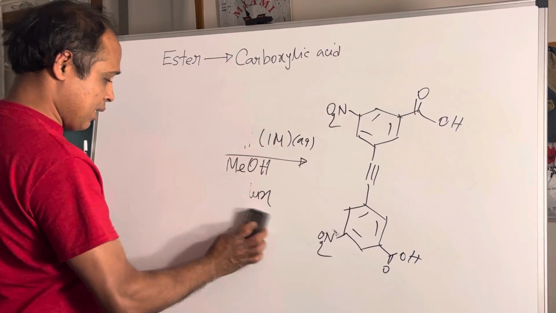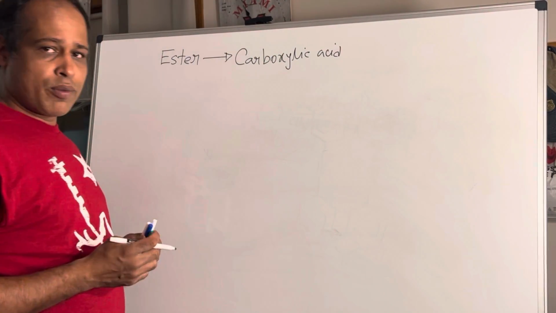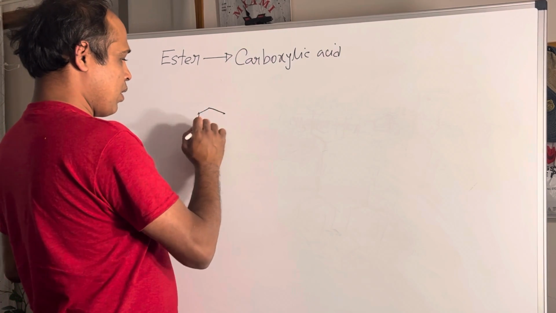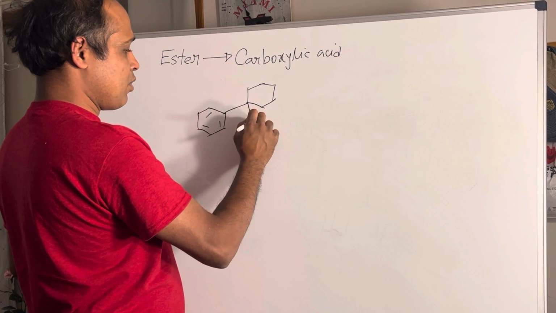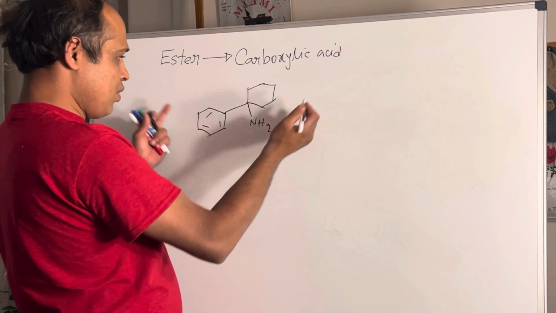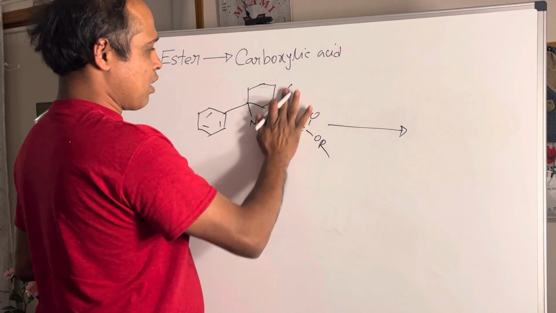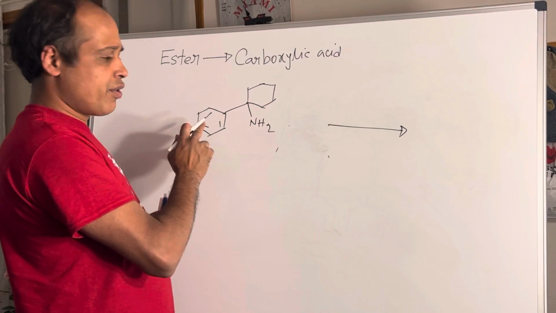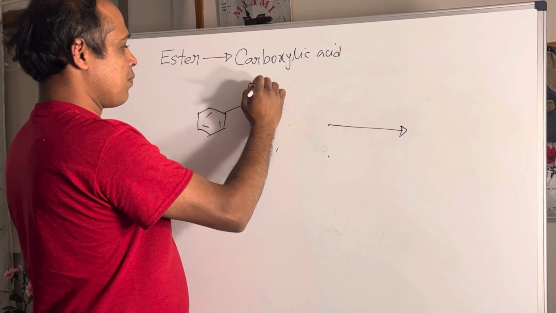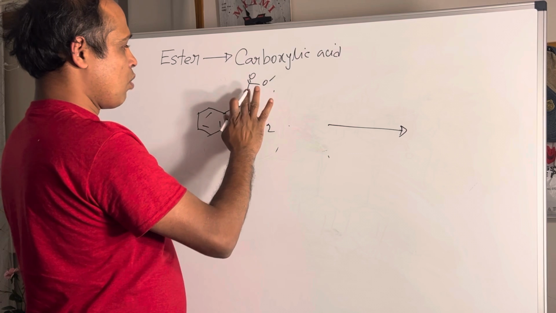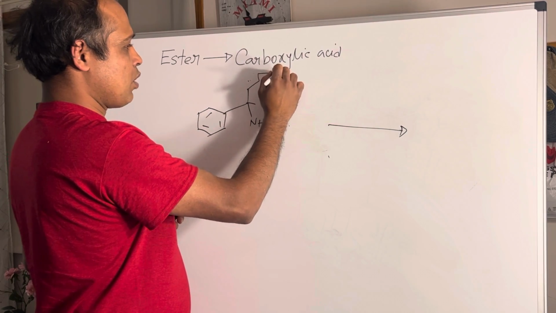In some cases, if you have some other functional group like an amine, then you have to be more careful. Suppose you have a compound with an aryl group and an amine group, and the ester can be either on the aromatic ring, somewhere in this cyclohexyl ring, or any aliphatic region. Or maybe you can make a bigger chain, one carbon, another carbon, another carbon, and put the ester here.